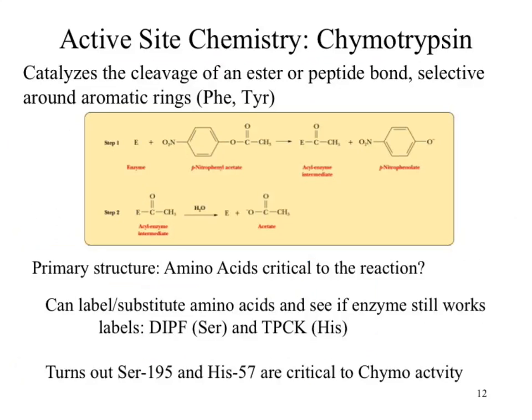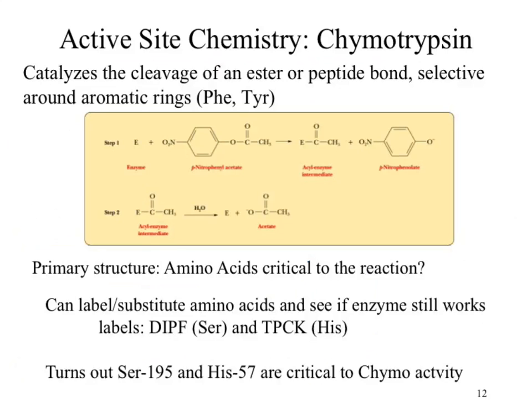So those substitutions on the primary amino acid structure we can use to determine what amino acids are critical in the active site. It turns out that histidine 57, the 57th amino acid in the polypeptide chain, and serine 195, the 195th amino acid, are both in the active site.